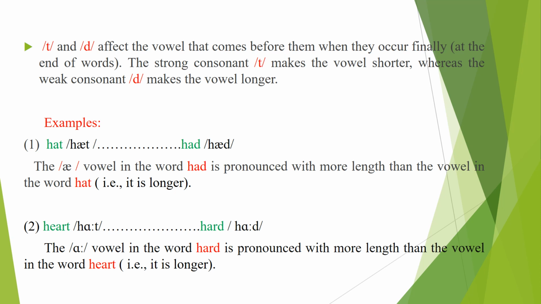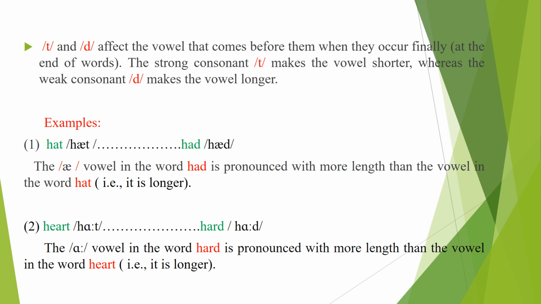T and d affect the vowel that precedes them when they occur finally. The strong consonant t makes the preceding vowel shorter, whereas the weak consonant d makes the preceding vowel longer. For example, in the words hat and had, the vowel in the word had is pronounced with more length than the vowel a in the word hat.